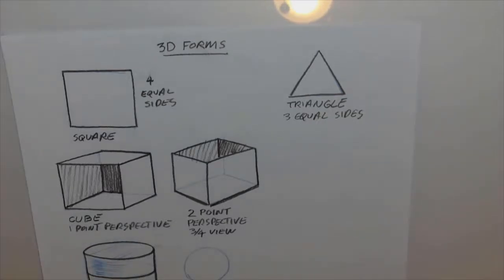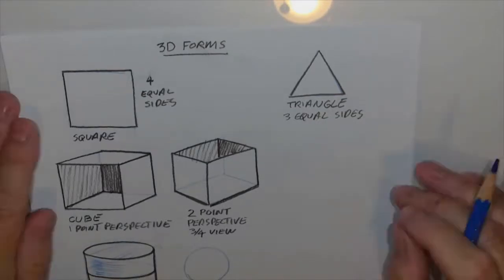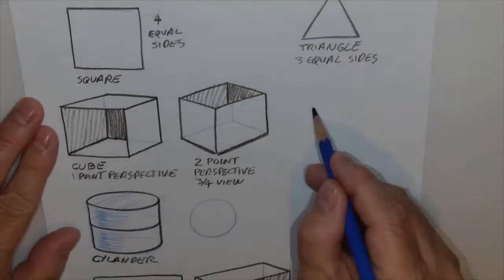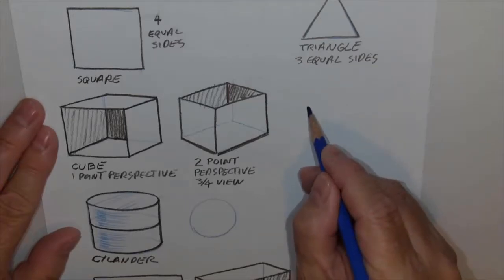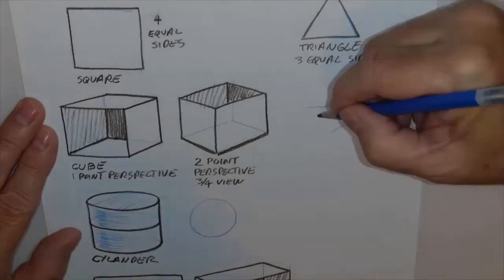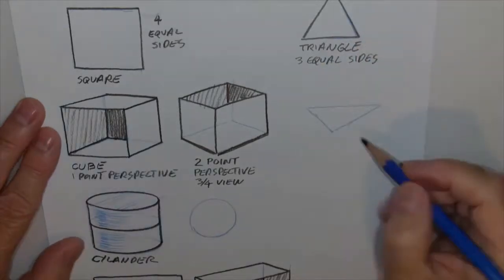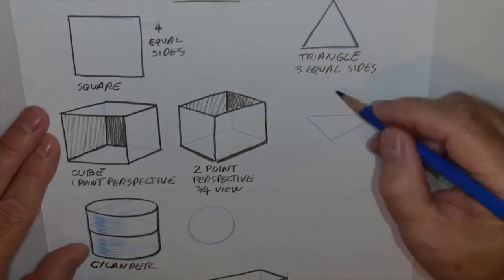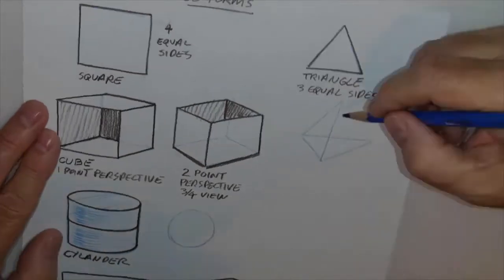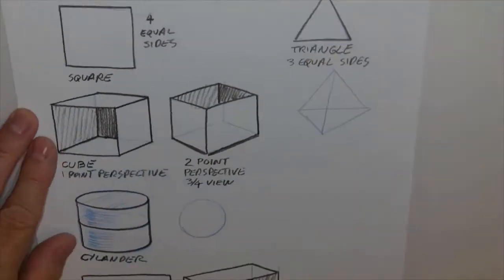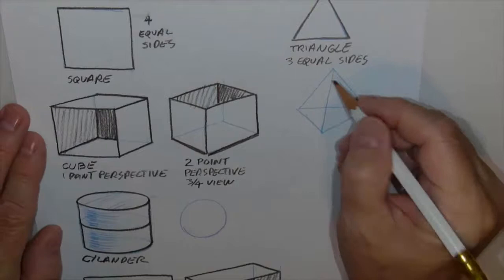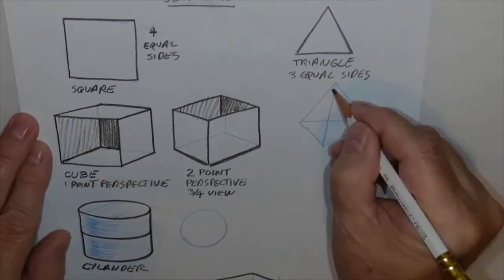But again, what happens when we look at it in 3 dimension? So again, I'm going to work on footprint in this case. So if I take this triangle and create a 3 equal side footprint and then extrude up to a point, is that we have a dimensional triangle, or what we know as a pyramid.